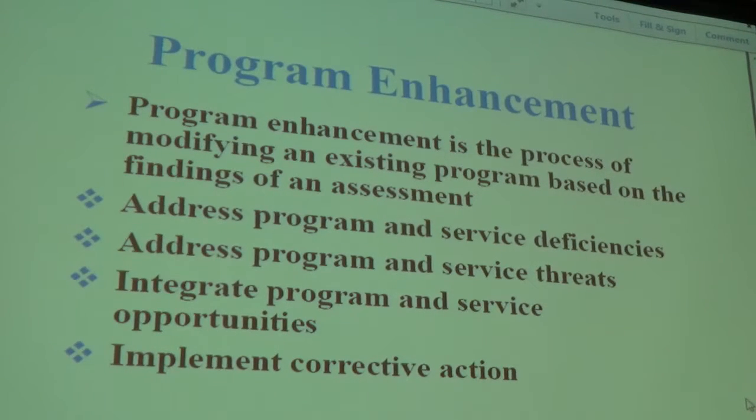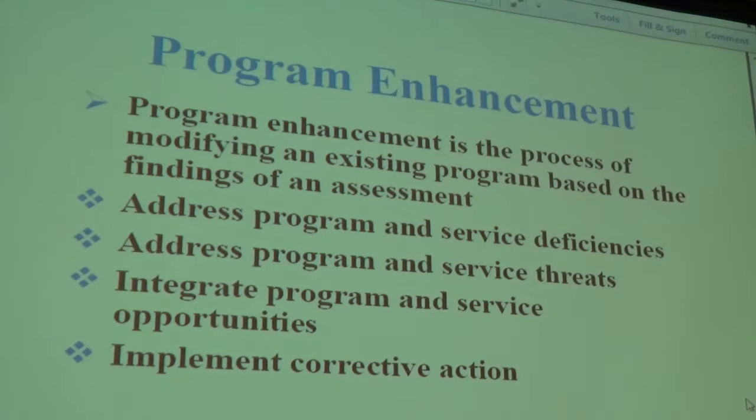Once you take that assessment, that leads to you providing findings and recommendations. You address the deficiencies of the program and service based on the data that you collect. So for assignment number 2, when you're conducting a financial assessment of the organization, you are going to find whether the financial condition of the organization is improving or not improving.